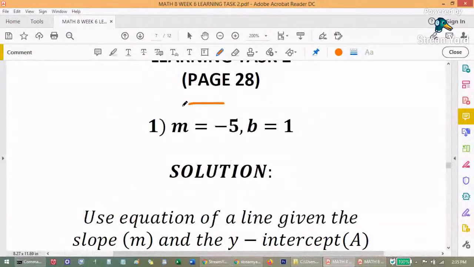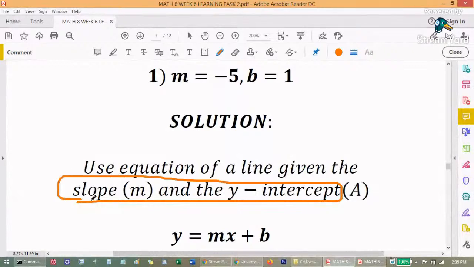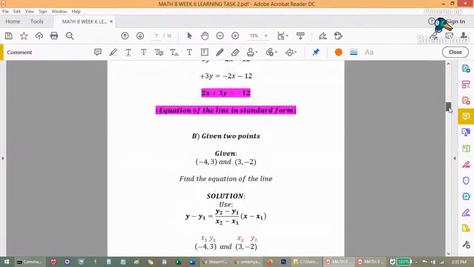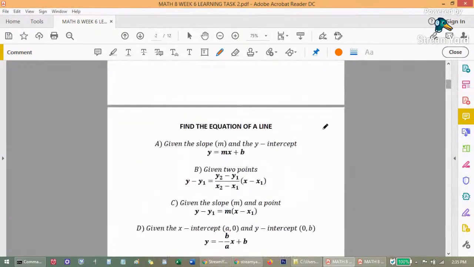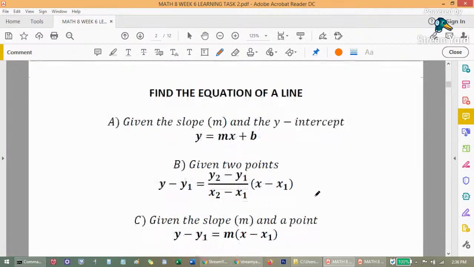So, since meron tayong slope at saka y-intercept, gagamitin natin is the slope and the y-intercept, which is letter A. Ito ang gagamitin natin. Okay?